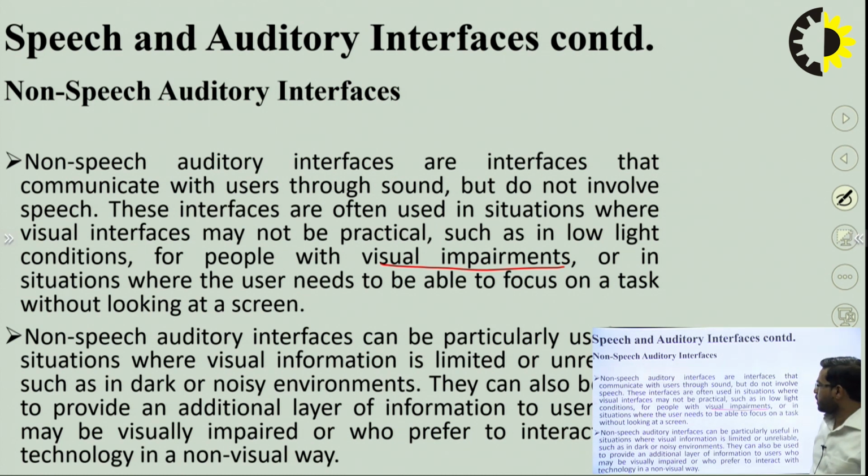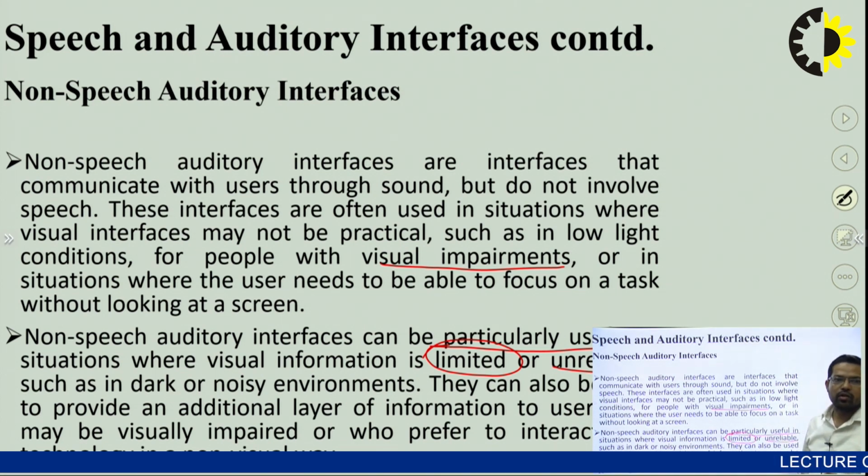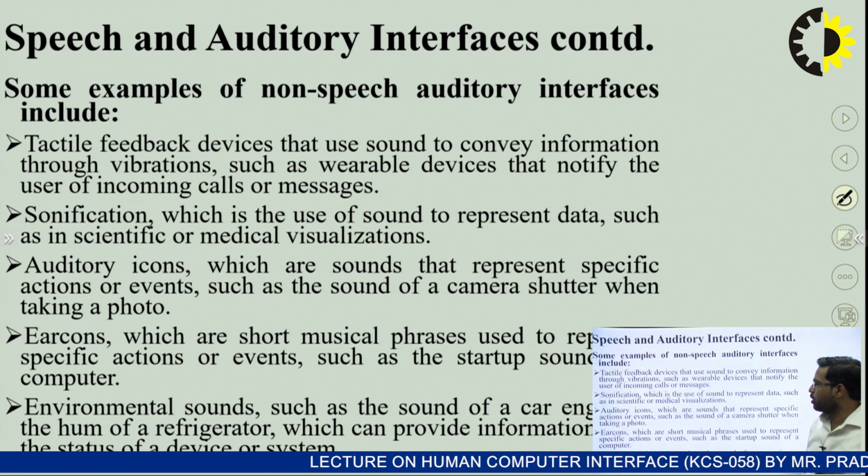Non-speech auditory interfaces can be particularly useful in situations where visual information is limited or unreliable, such as dark or noisy environments. They can also be used to provide an additional layer of information to users who may be visually impaired or who prefer to interact with the technology in a non-visual way.